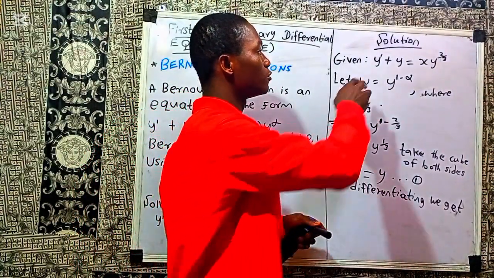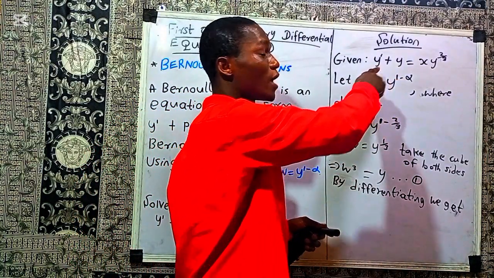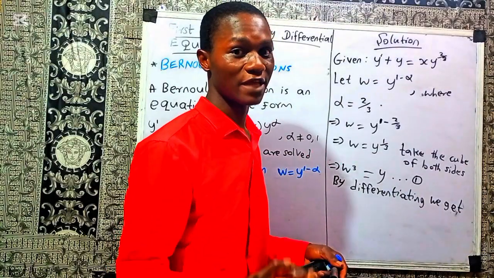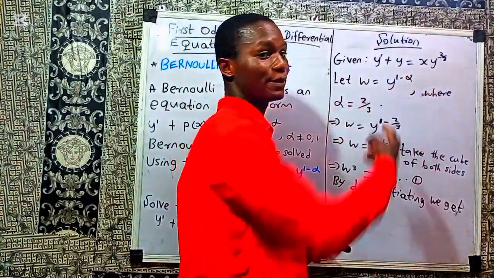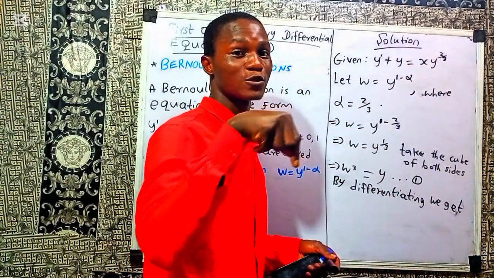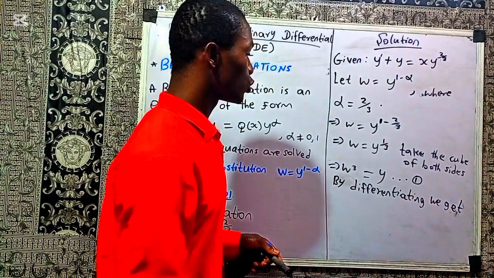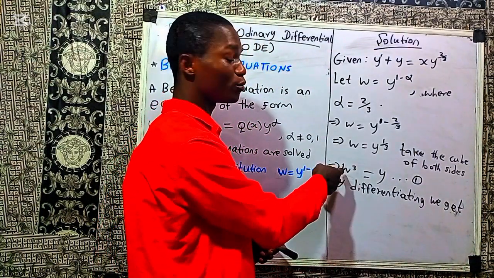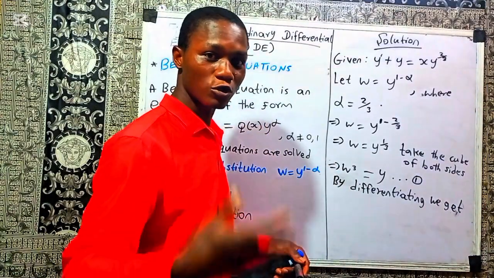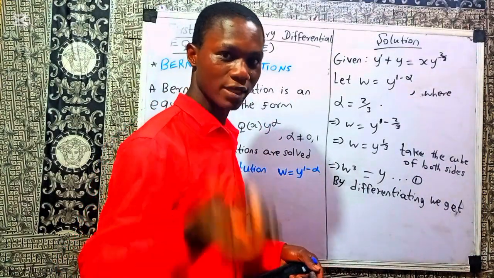Now if you look at this equation, y is the dependent variable, and x will be independent. So y depends on x, because x is the independent variable. So if you are substituting w for y, w also should depend on x.